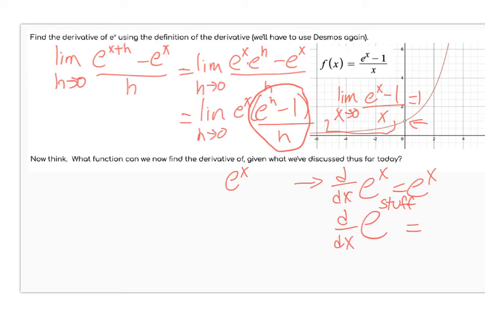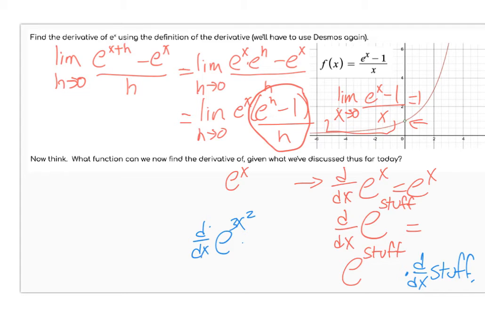So we can say that the derivative of e to the stuff is going to be e to the stuff, but then we have to always remember to include the chain rule, so we'd have times the derivative of that stuff. As an example, if I've got e to the 3x squared, the derivative of this would be e to the 3x squared, then times the derivative of that stuff, so times 6x. So we have to use the chain rule. We got to be a little bit careful with that today.